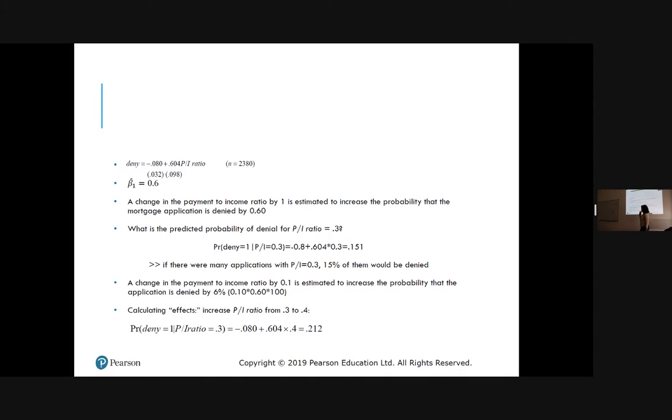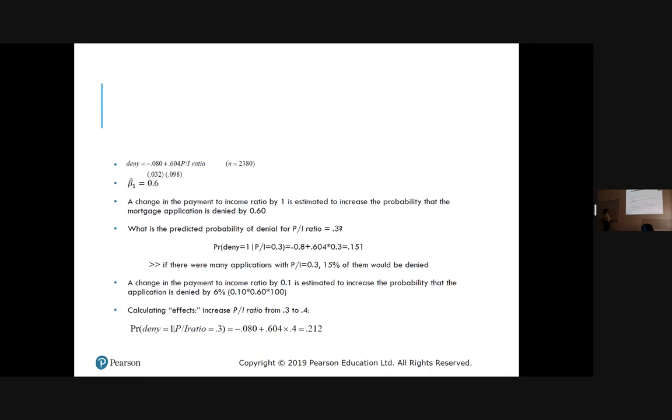So this means that if we compare the predicted probability of y equal to 1 when x is equal to 0.3 and when x is equal to 0.4, we have beta 1. Okay, this is what we always did. Beta 1 is the difference in the predicted y when x increases by 1 unit. So delta y over delta x is equal to beta 1.